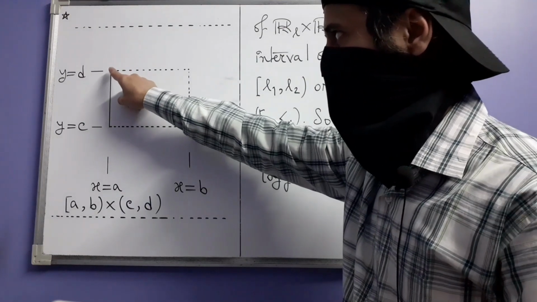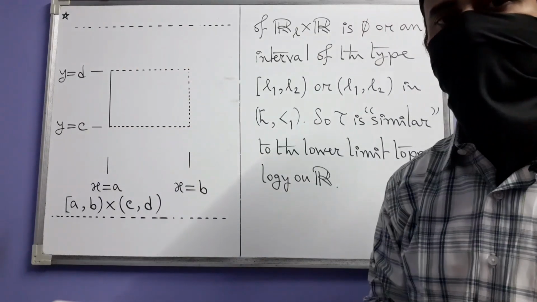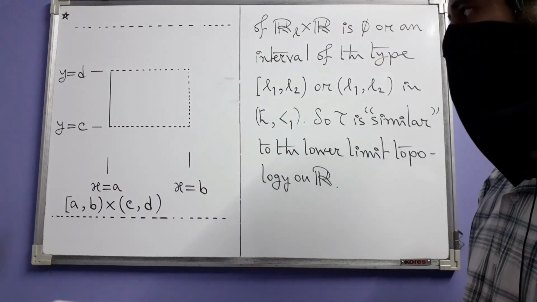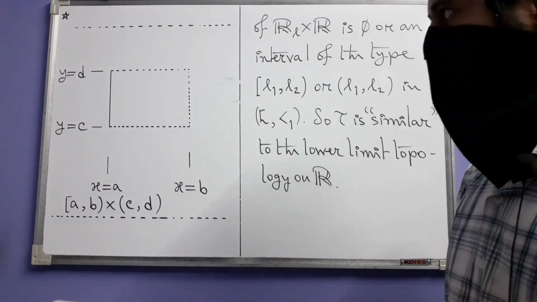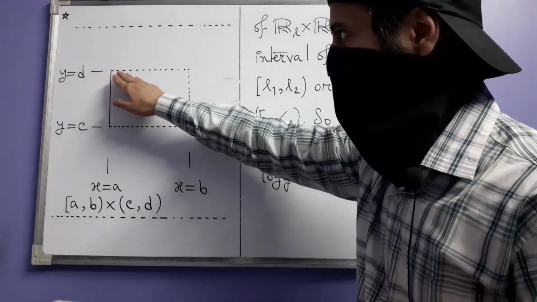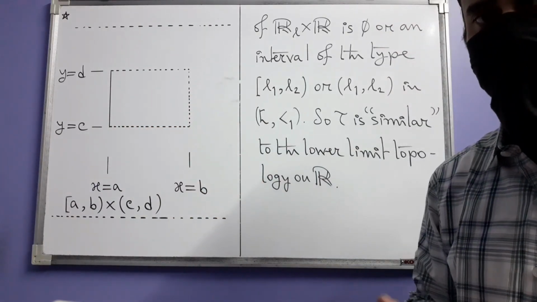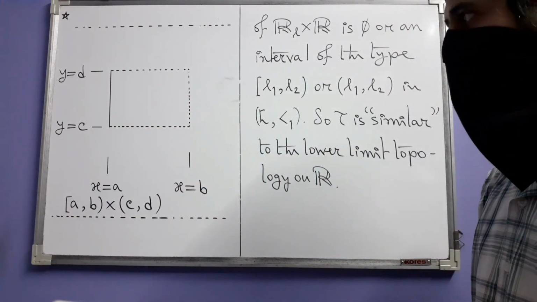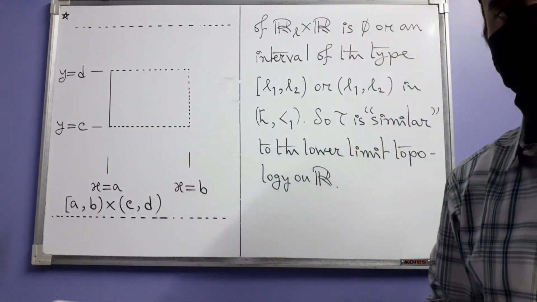Why did I draw this line normally whereas these are dashed lines? That is because in this set, when you consider it geometrically, no point on these sides is included. However, the points on this side are included.